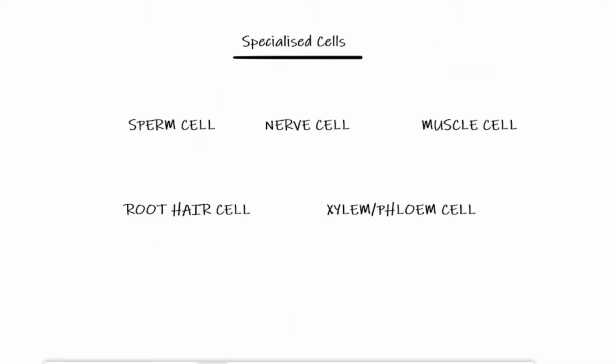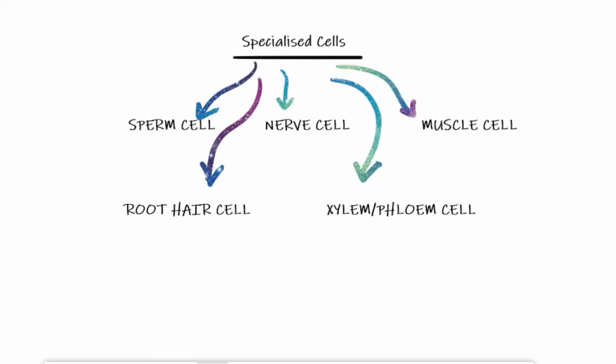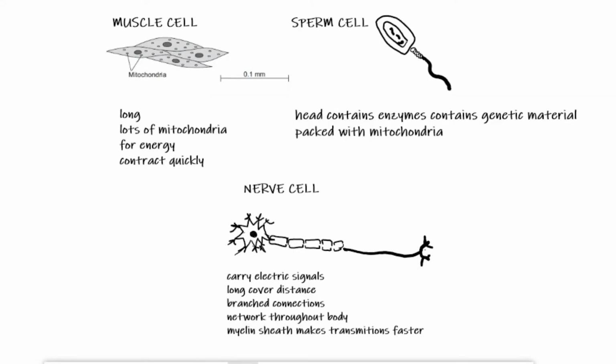For GCSE biology, you'll need to know about 6 different specialised cells. These are the sperm cell, the nerve cell, the muscle cell, the root hair cell, and the xylem and phloem cell. First 3 of those specialised cells: the muscle cell, the sperm cell, and the nerve cell.